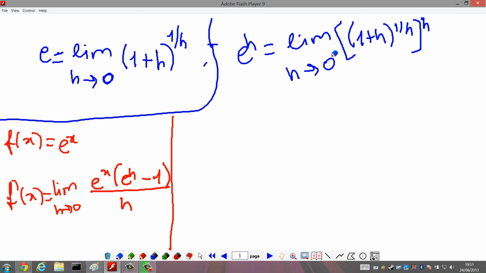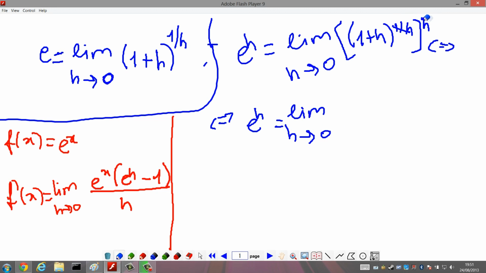Also, multiplying something outside the limit is the same thing as multiplying it inside the limit. So I can just put the h here instead of taking the whole limit. That will help us here, where I simplify this by saying that e to the h equals the limit as h approaches 0.